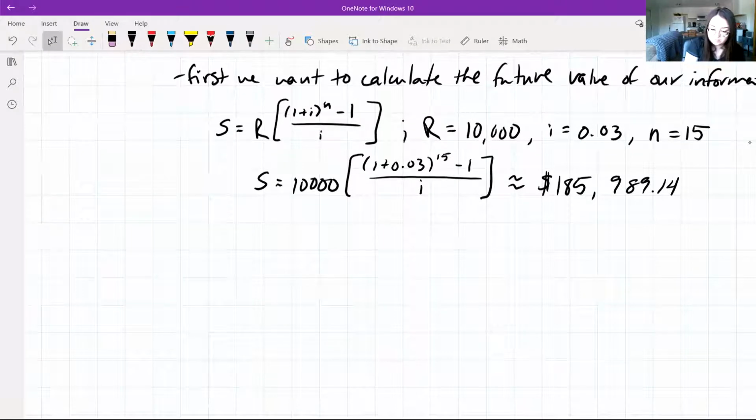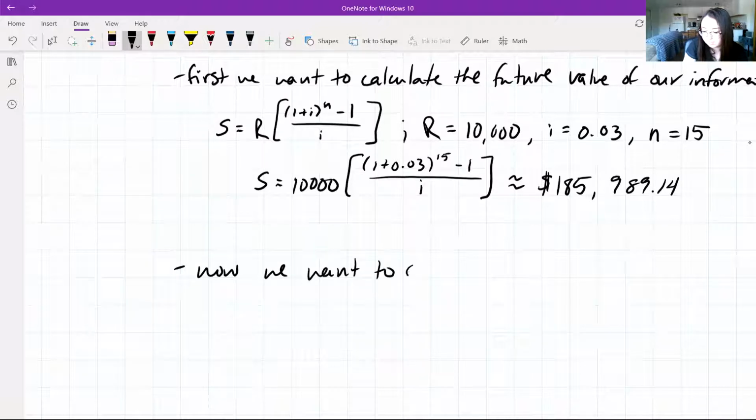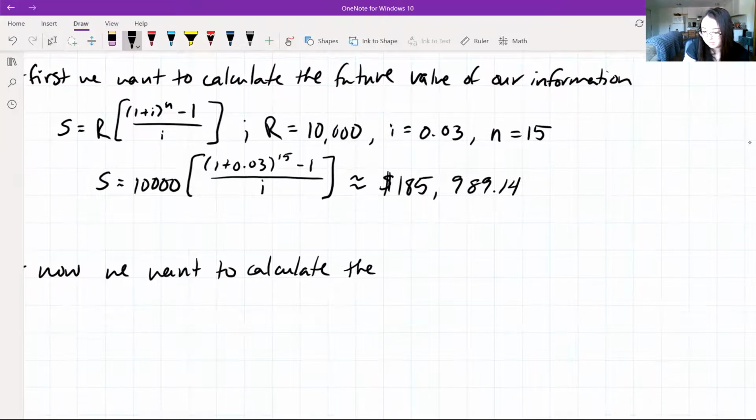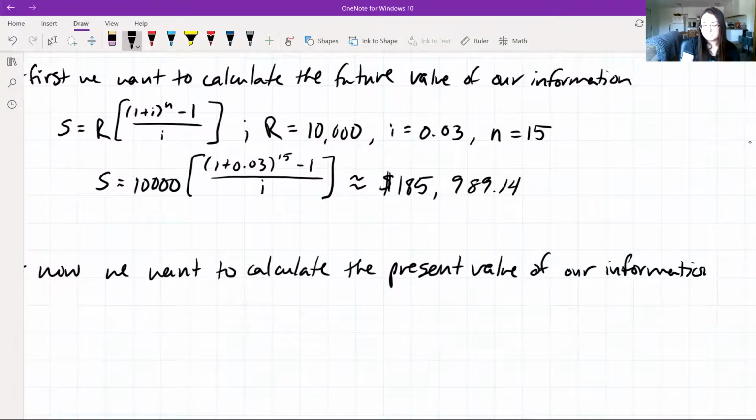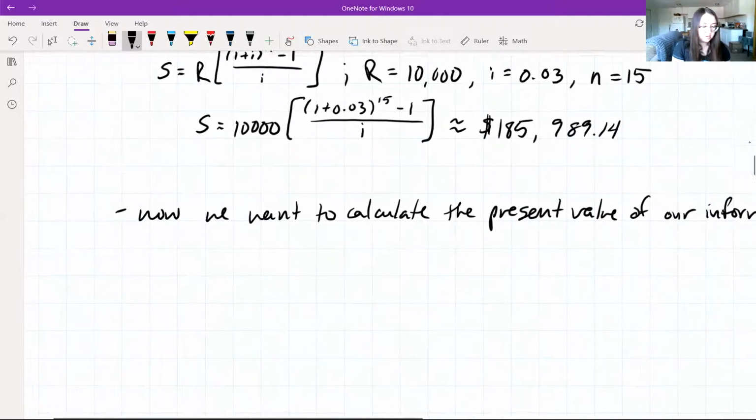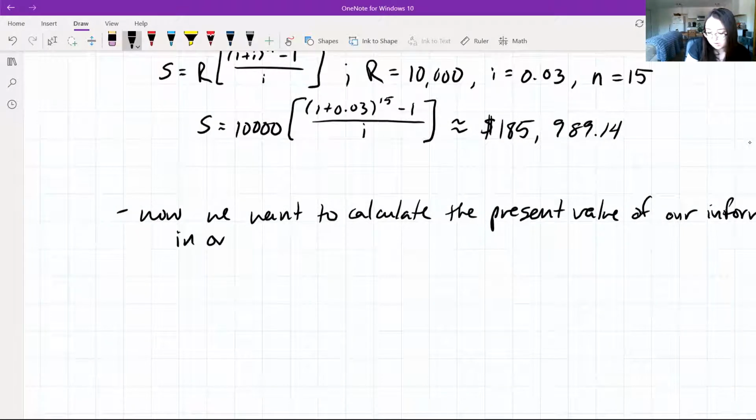So now we want to calculate our present value in order to find our lump sum.